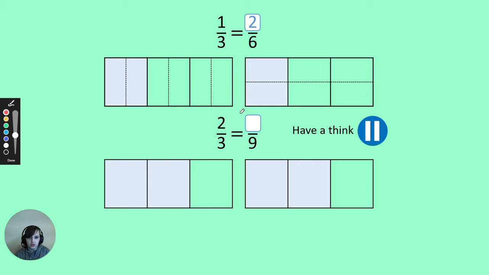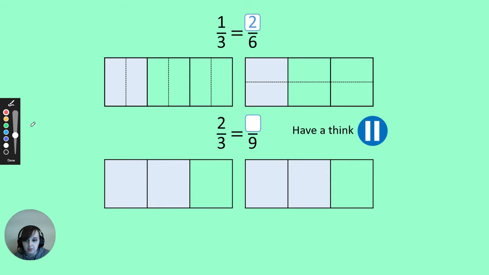One of the ways we could do this is we can see what the relationship is between 3 and 9. I know to make 3 into 9, you times it by 3. So I think I should try and split each of these sections into 3 sections. So let's split this first section into 3. There we go. 1, 2, 3. They're not quite equal because my drawing tool's a bit rubbish.